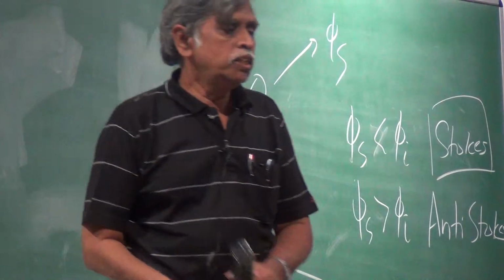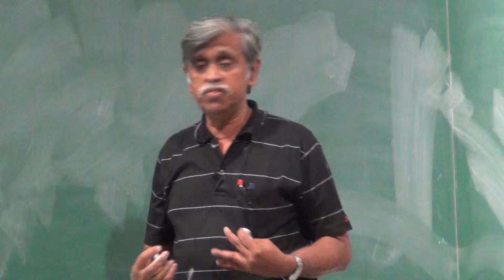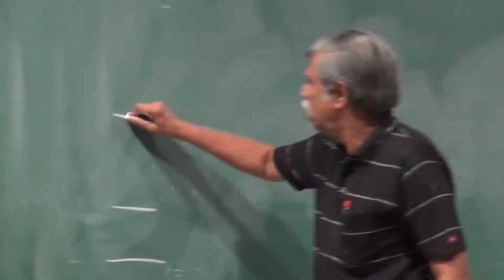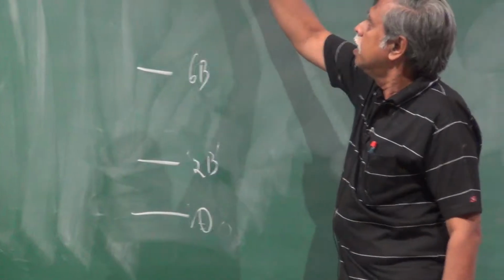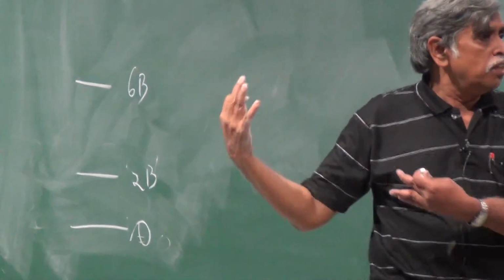Let me draw the energy level diagram for rotational stuff, and let us look at rotational Raman first. That's 0, that's going to be 2B, that's going to be 6B, that's going to be 12B. That's the energy level, right?